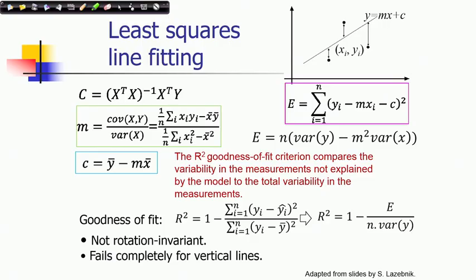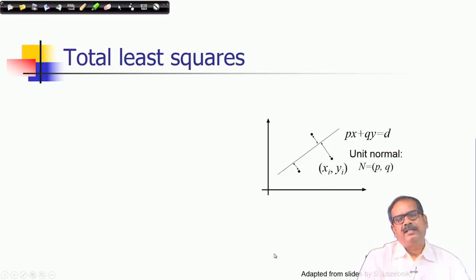So, it will fail in that case. There are techniques which take care of these situations, and also here the objective criterion for fitting the model is posed in a different way, and this technique is called total least squares. So, it is suitable for any such situation, whether it is a vertical line or not.